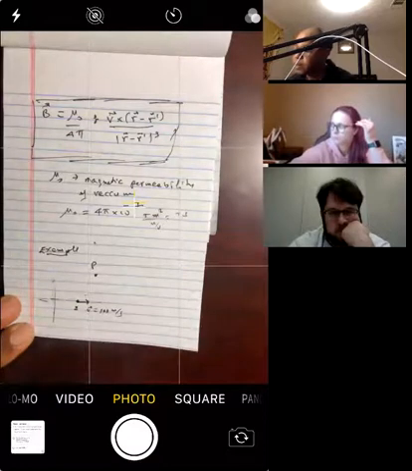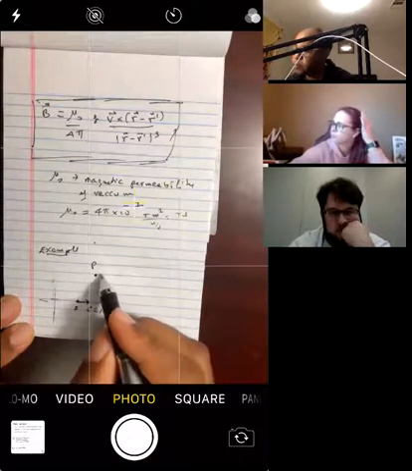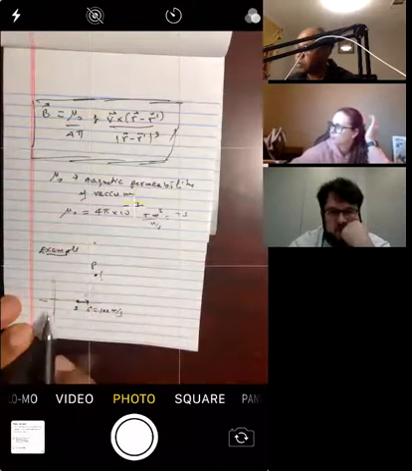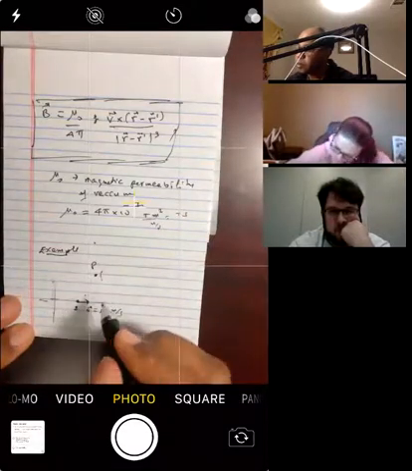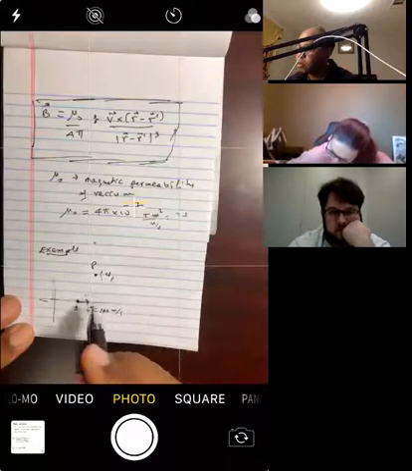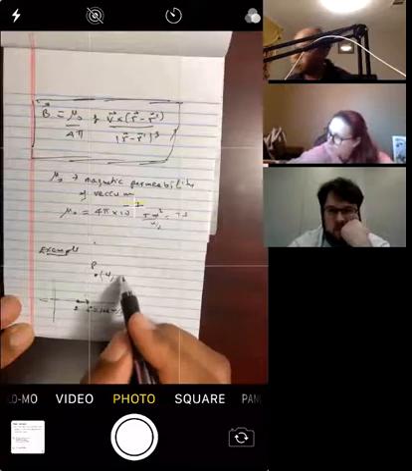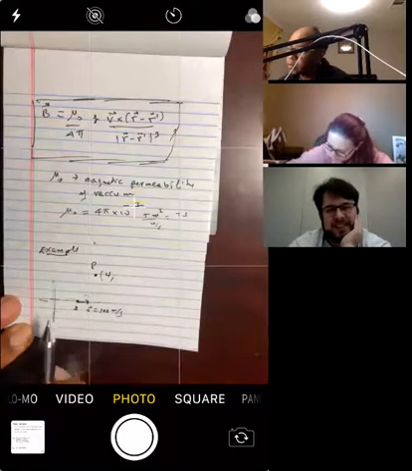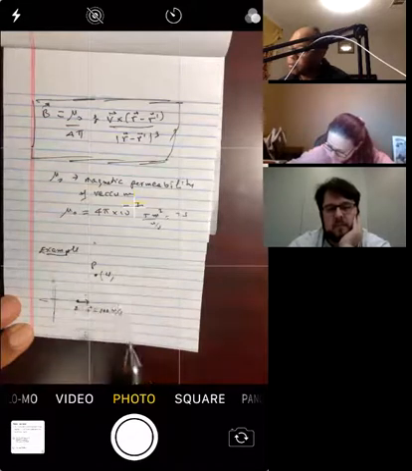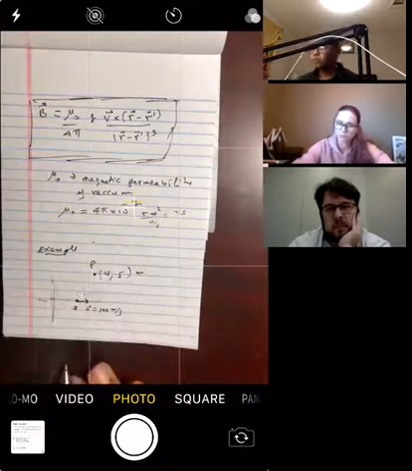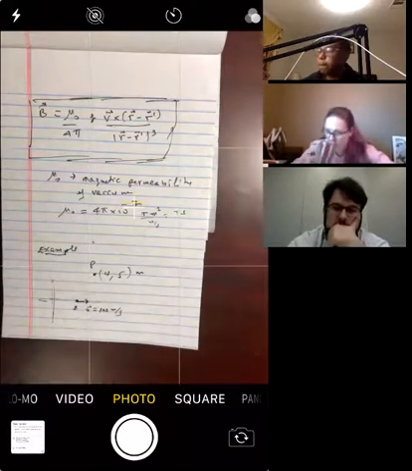Let's say the coordinates of this point are 4 and 5. Suppose these are the locations of this point.